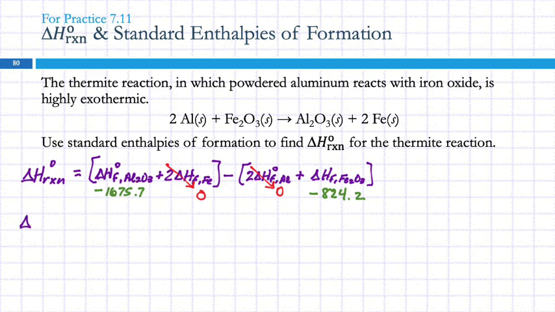So the heat of reaction for this then is going to be the heat of formation of aluminum oxide, negative 1675.7, plus 0, minus this quantity, right? Minus all of these things. So minus the 0 and minus that.